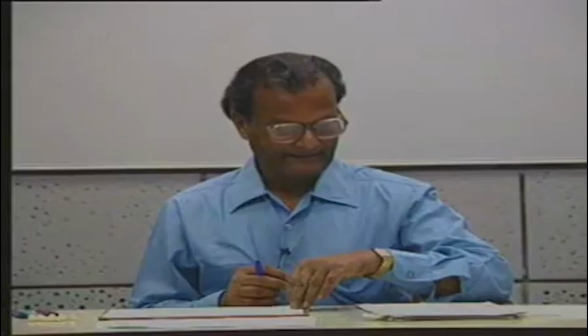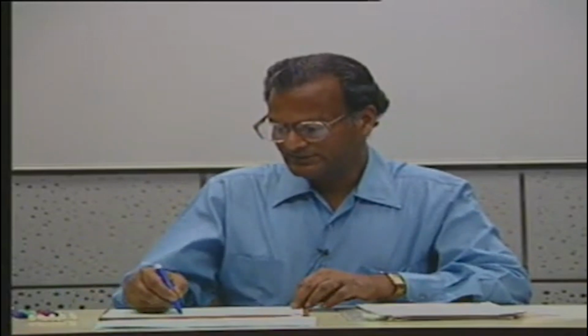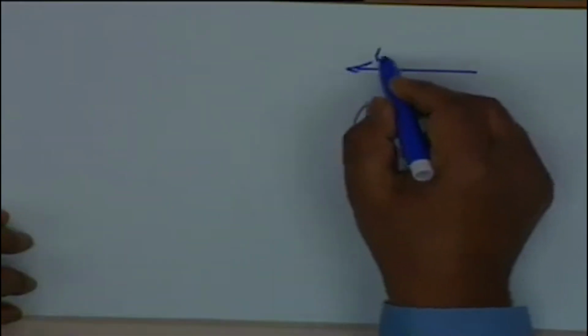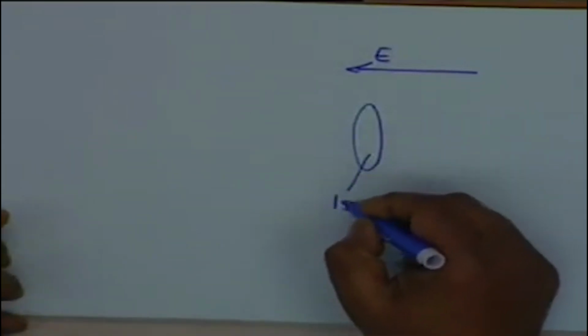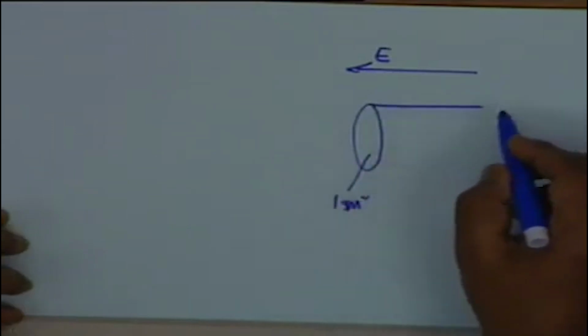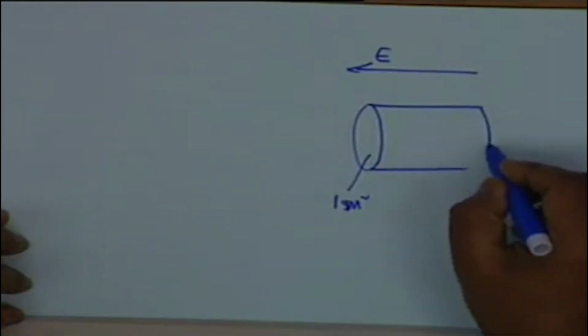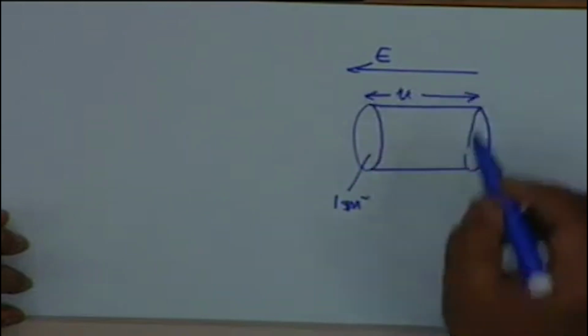All right. Suppose there is a medium, and you consider a cross section. Let's say the electric field is in this direction, E. You consider a cross section of 1 meter squared, and you consider a length of u, which is equal to the drift velocity.